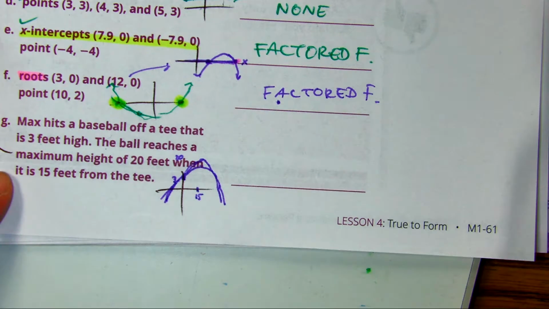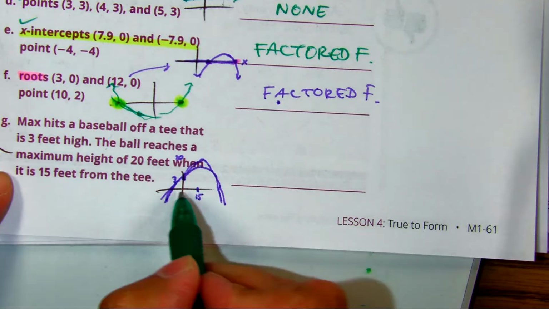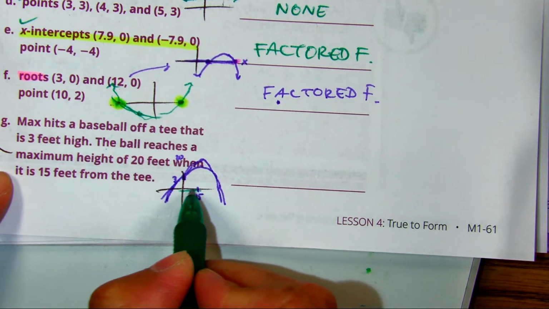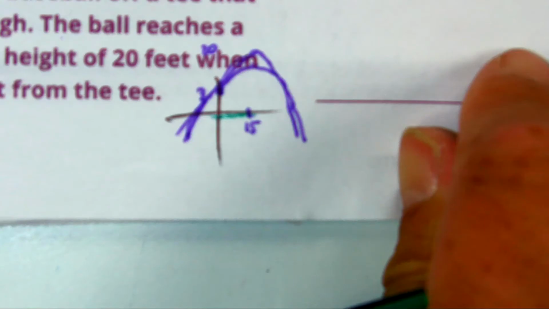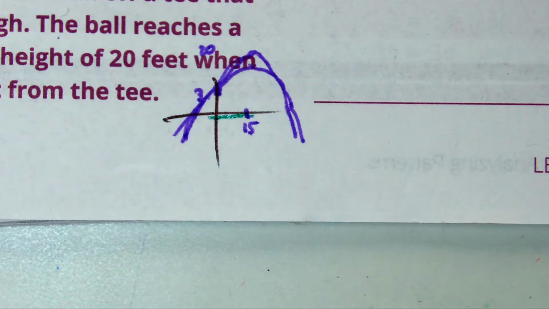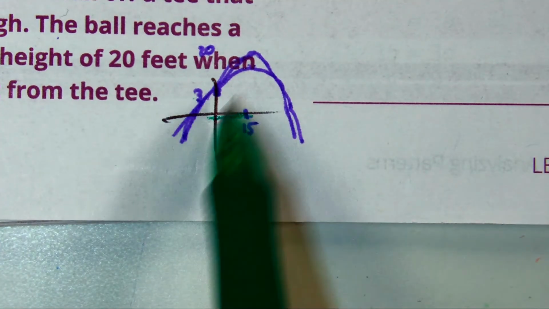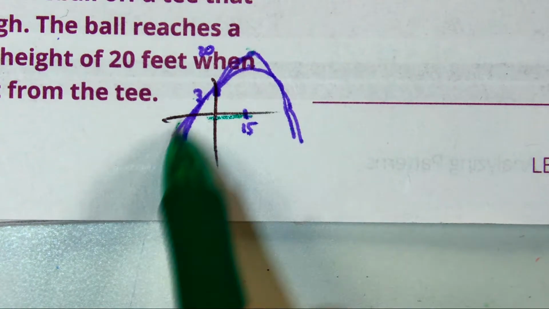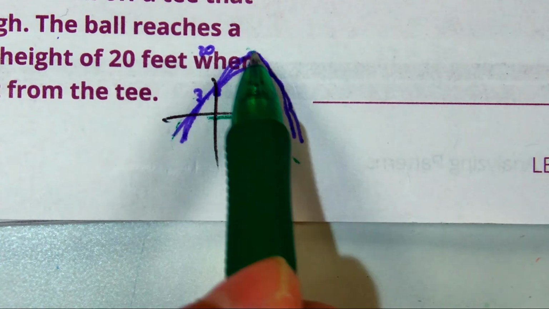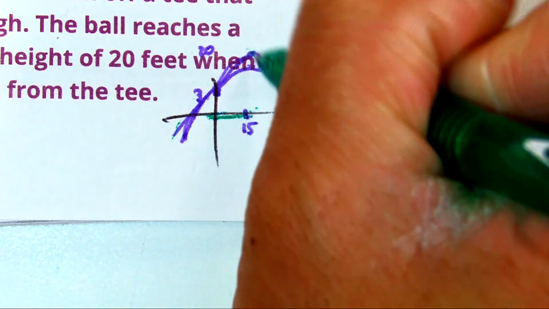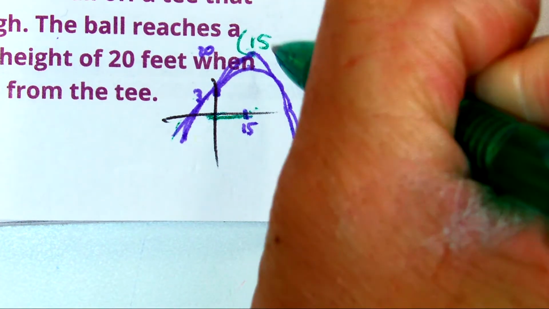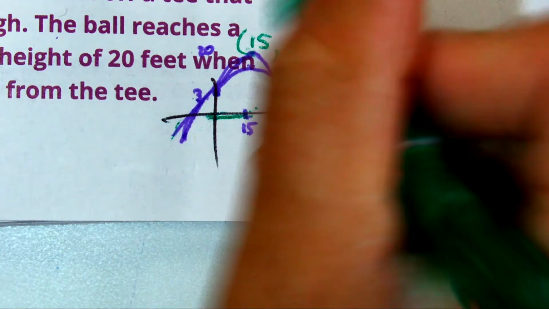Okay, so if it's 15 feet away from the tee, let's see if I can super zoom in my best I can. Give it a second to focus. This is 3. That's the height of the tee ball at 20 feet, and this is 15 feet away. So if it's 15 feet away, that's the x. And if it's 20 feet high, that is the highest point.